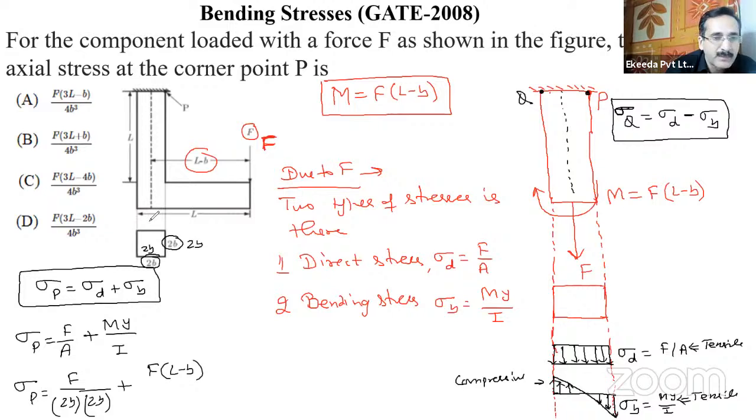What is the value of Y? Y is the distance of the outer fiber, this fiber. This is our Y. And Y is equal to B, basically the outer fiber, right? So this is B upon I, the moment of inertia, that is B d cube by 12.